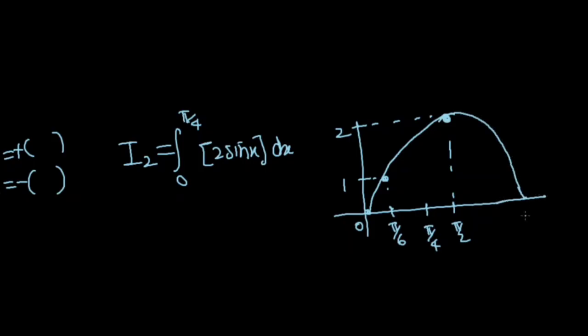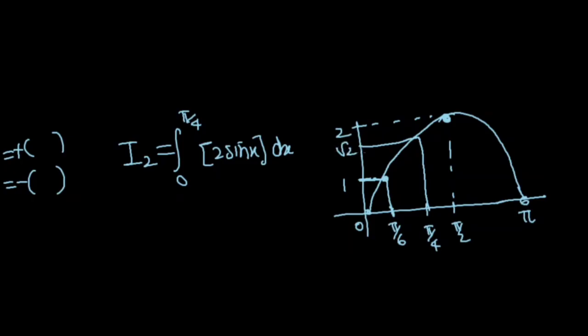At pi it is 0. At pi by 4 I'm getting the result root 2, and root 2 is 1.414.